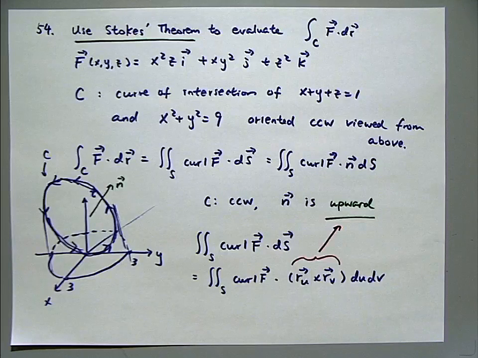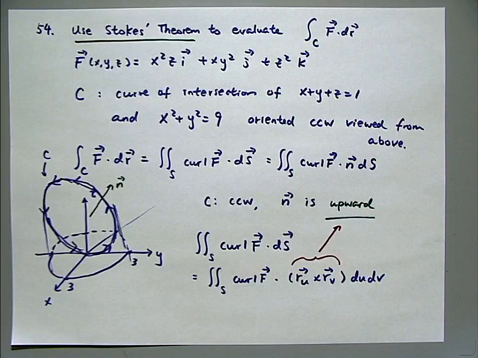And the vector field we've got is x squared z, plus y squared, plus z squared, x y squared, and z squared. Yep. And this shouldn't be hard to do, right? So let's see, the i component will be nothing.